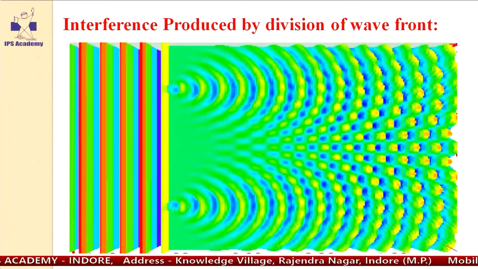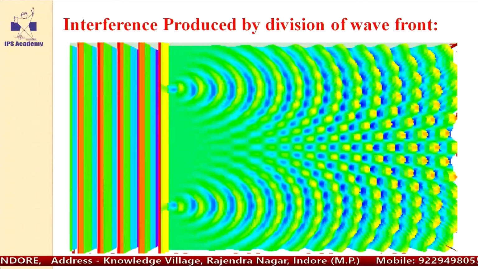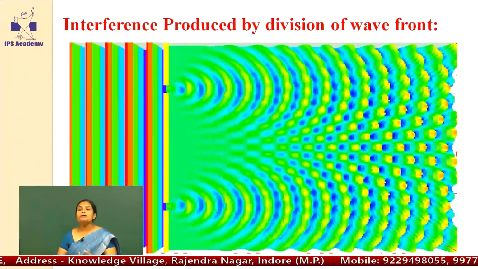You can easily observe this in the animation. Now the next slide shows the interference produced by division of amplitude.